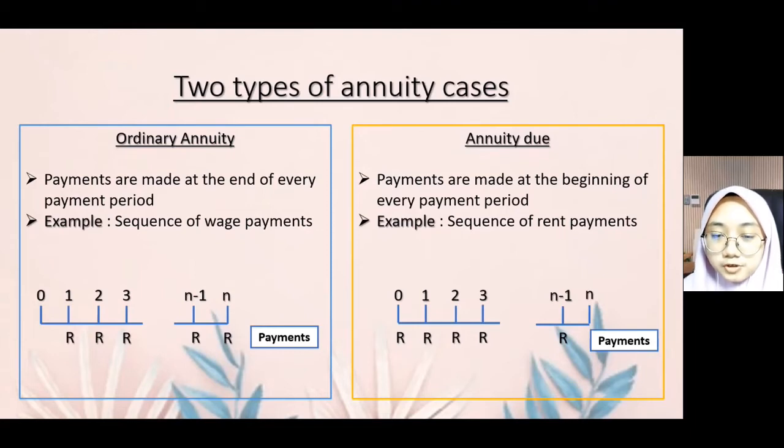An example application of annuity due is a sequence of rent payments. Usually landlords will demand the first month's rent when the tenant first moves in.